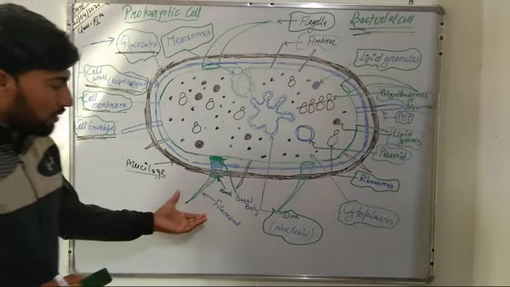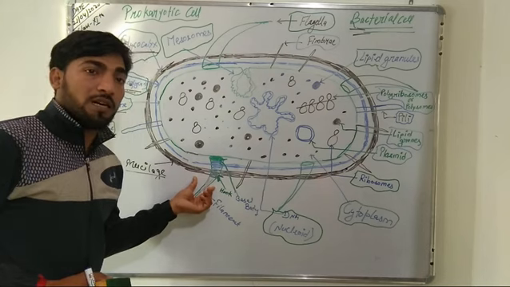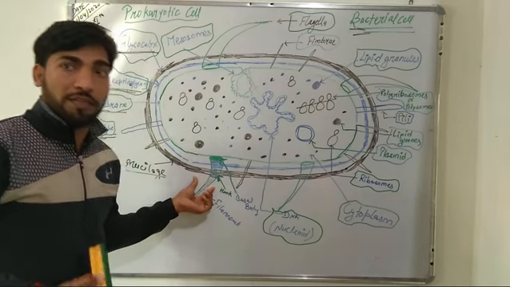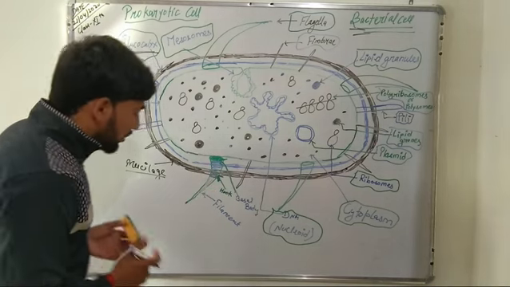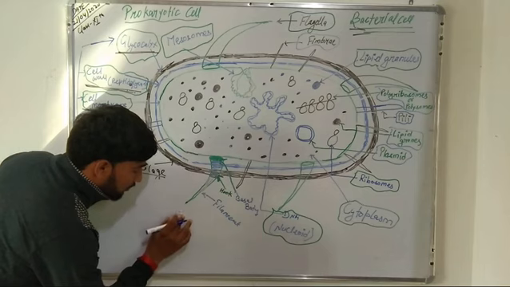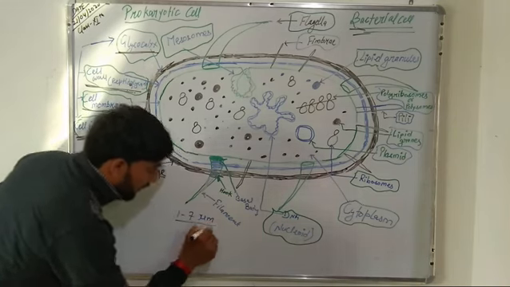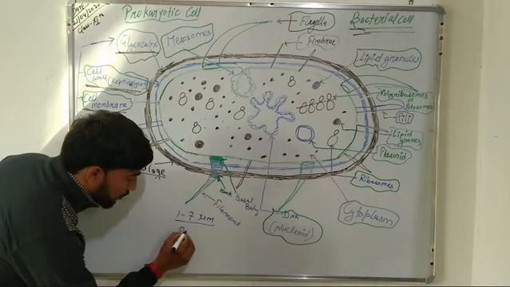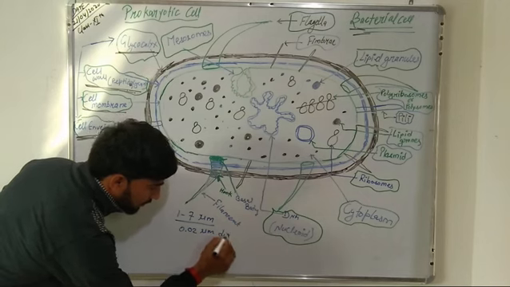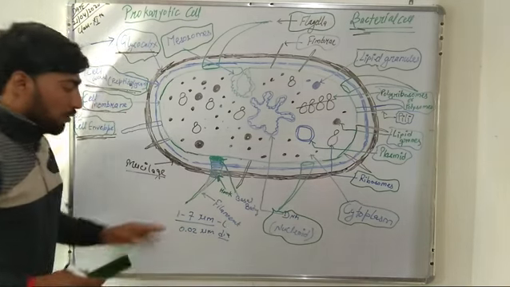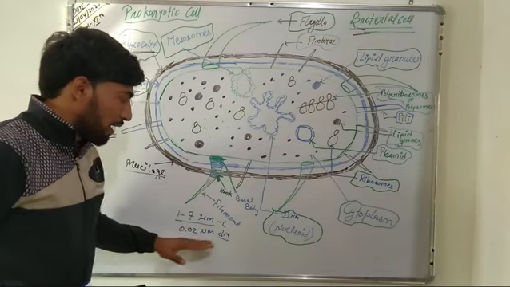Starting with the flagella: in bacteria they are tubular, single-stranded fibers about 1 to 7 micrometer in length and about 0.02 micrometer in diameter.